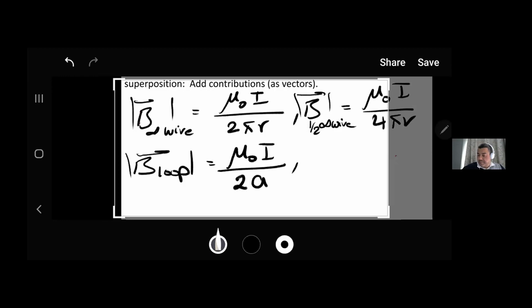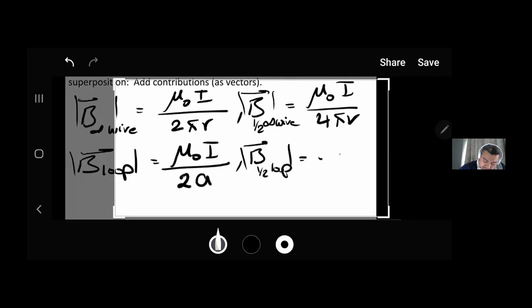Then the magnetic field due to a half loop should be mu naught I over 4a.